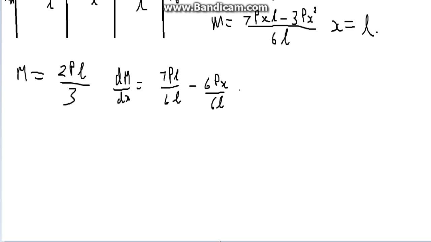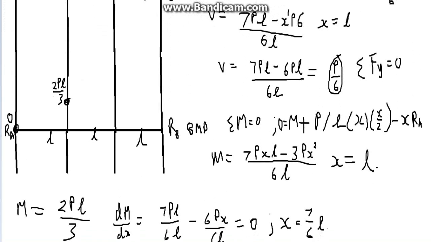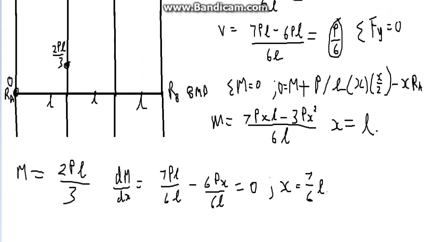Okay. Make this equal 0 and solve for x. What is x equal to? Alright? Just as I said, sorry about this guys, but I'm going to just skip the math. 7 over 6L. So at x equals 7 on 6L is our max or midpoint.